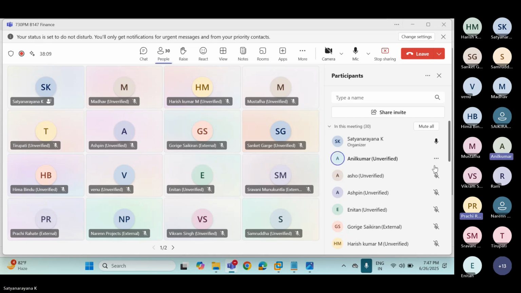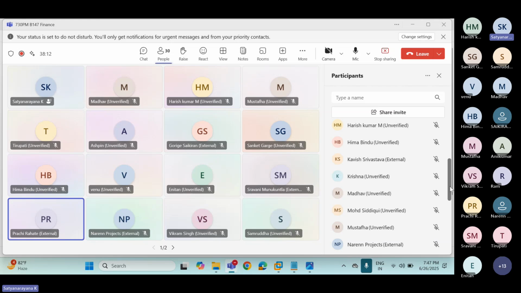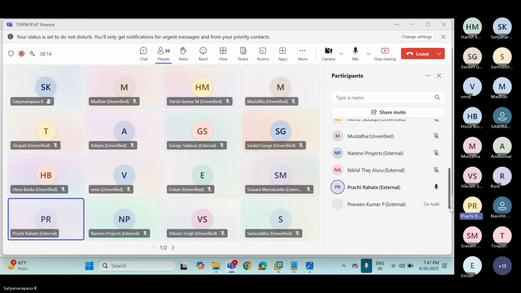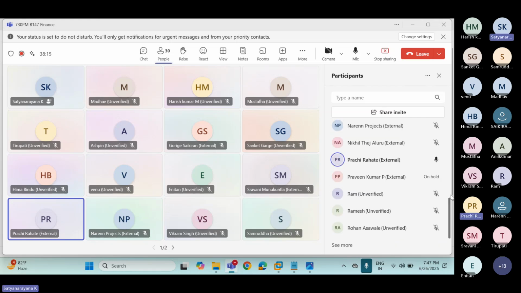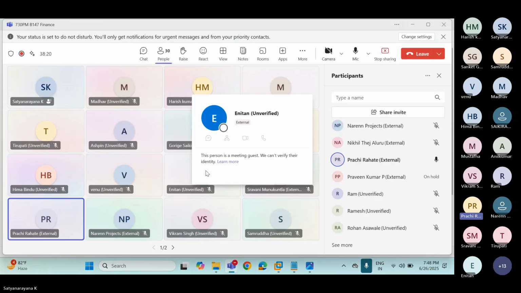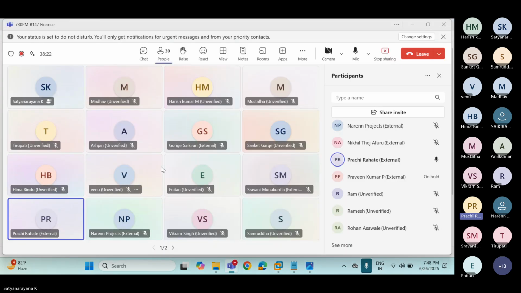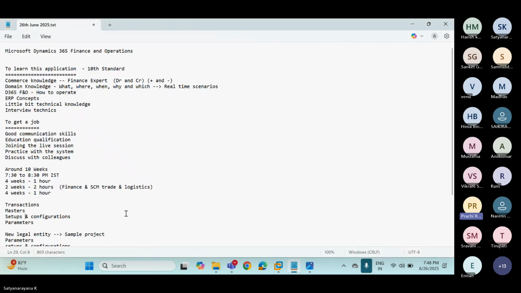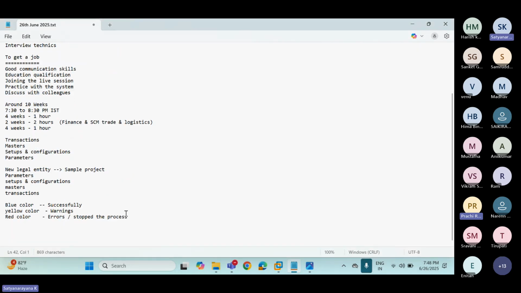Hi, myself is Prachi. Yeah, proceed. So I wanted to ask, when you are giving us knowledge regarding D365, how can we get the system to test it? Because if we are not having D365 in the company, how can we proceed?